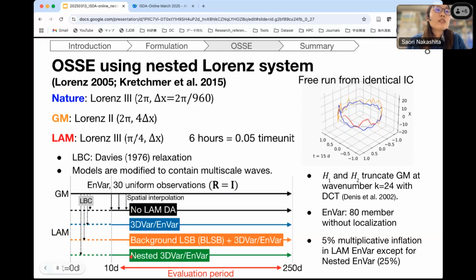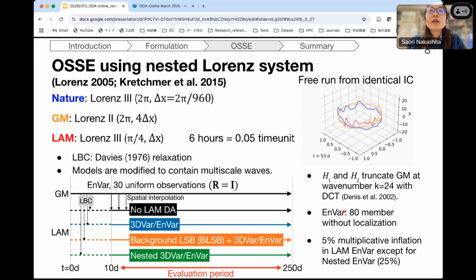The performance of DA experiments is compared against the GM spatial interpolation called NoLAM-DA in 240 days after the first 10 days as a spin-up. In nested DA, H1 and H2 truncate GM at wavenumber 12 to 24 with discrete cosine transformation.